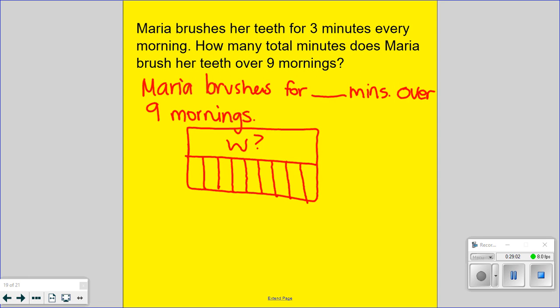Bryson told us, hey, every morning, it's how many minutes? 3. So is this morning 3? Yeah. What about this morning? Yeah, all those mornings are 3.